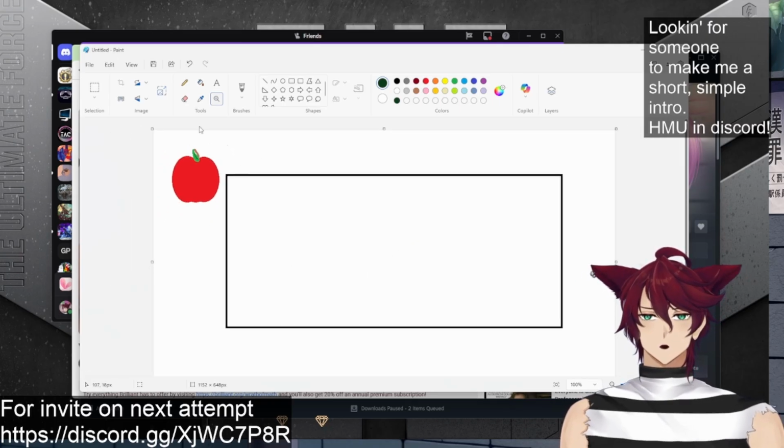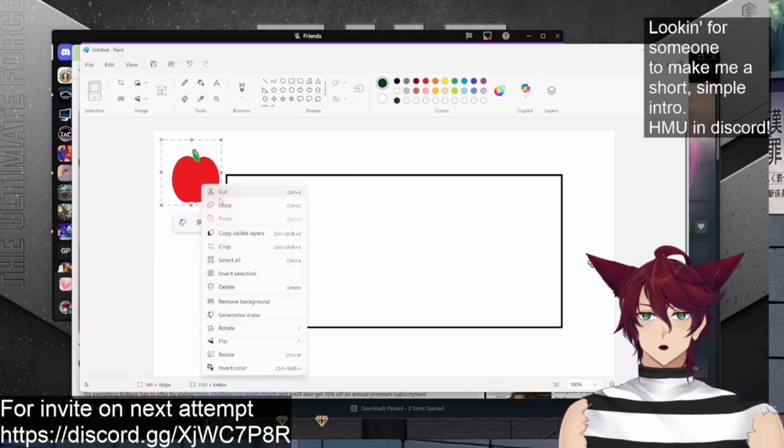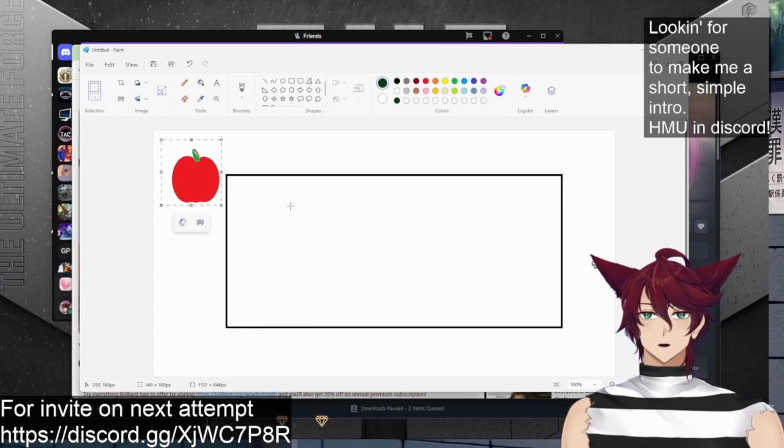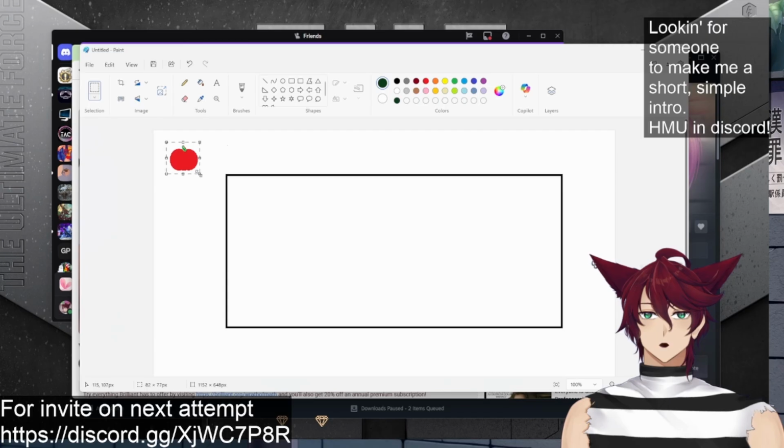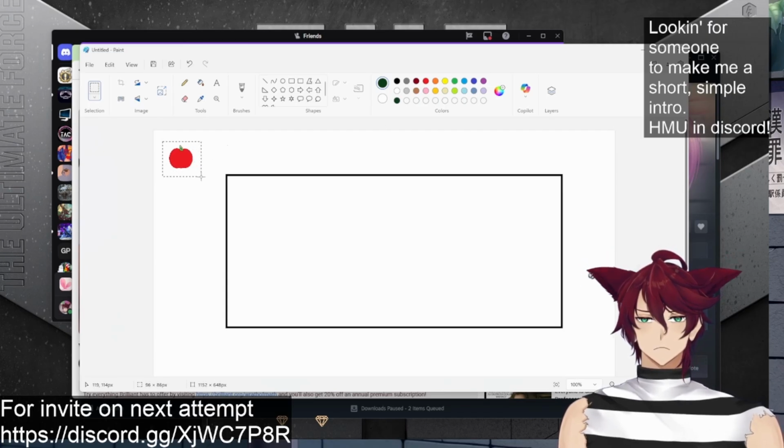Alright, so we're doing 3 groups of these. I mean, groups of 3 of these. Actually, let's make it smaller first, because that's not gonna fit that well. Oh, bam. Now we'll copy.